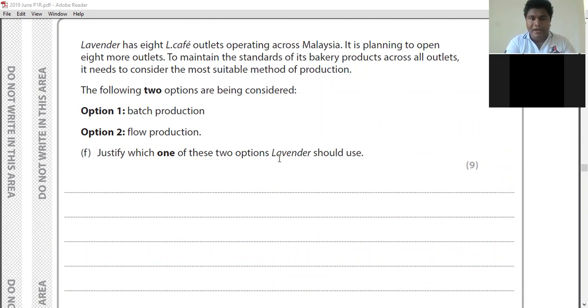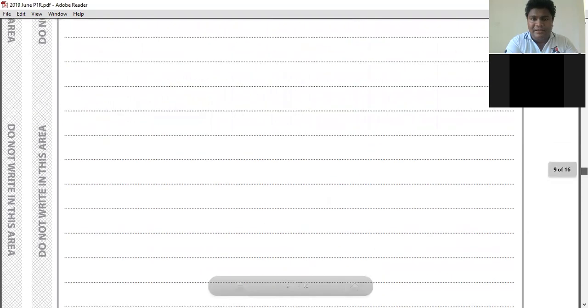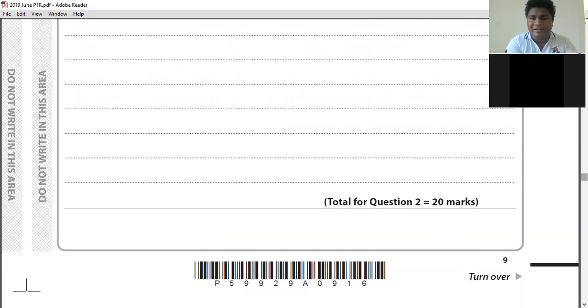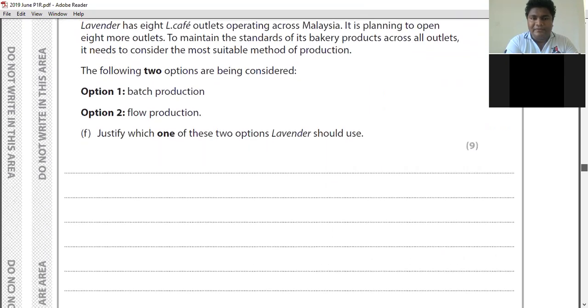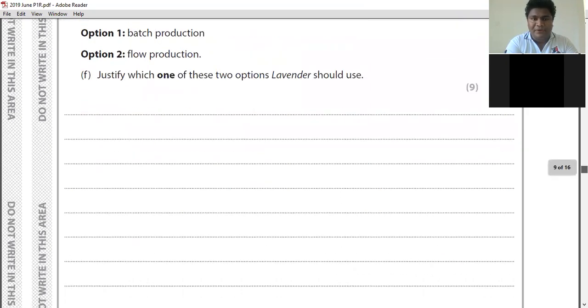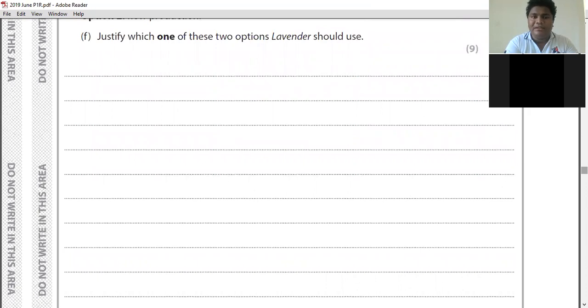I believe for this 9-mark question, because the space is only 18 lines, you can't write a big answer. 9 marks means you write only about 75% of the page, so 3 paragraphs is more than enough: 2 advantages and 1 evaluation point against batch production, with the justification.